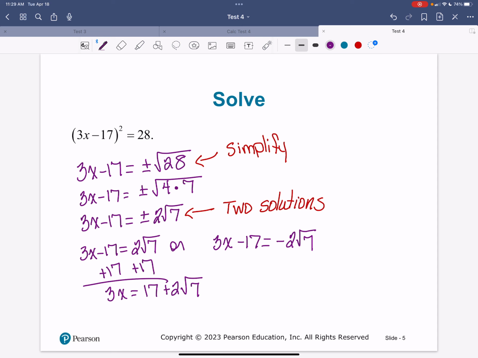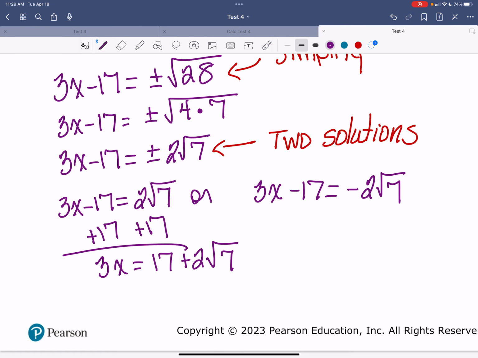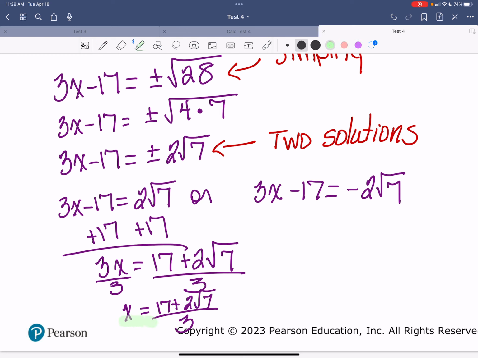And then what do I need to do? Divide by 3. And so I've got x equals 17 plus 2 times the square root of 7, over 3. That's one of my 2 answers. Now I need to do the same thing to the other side.